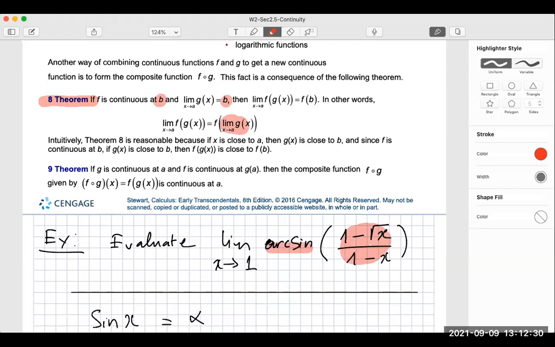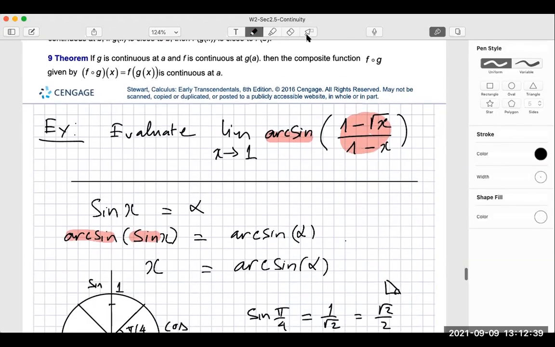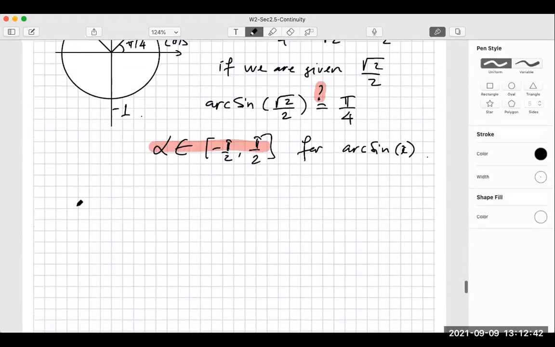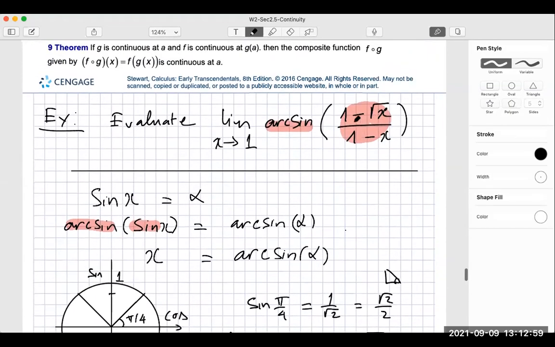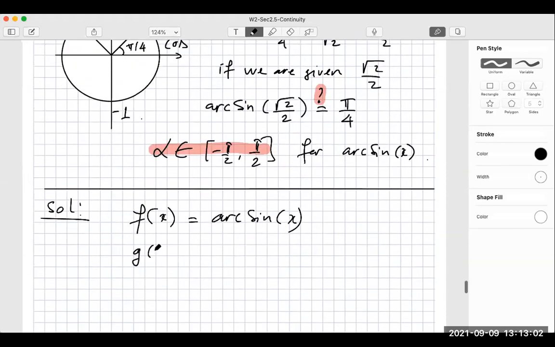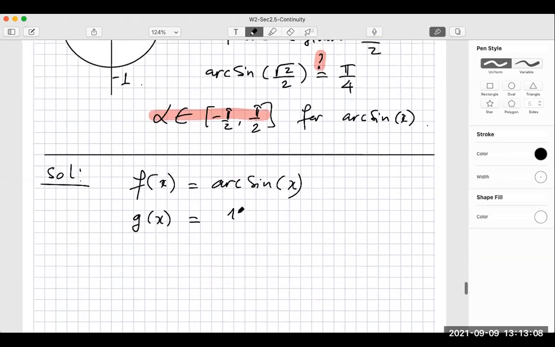In this specific example, what is f and what is g? Very good, thank you. In our case here, let us call f of x the arcsine function of x, right? And what is g of x? Yes, g of x is given as this term, 1 minus square root of x divided by 1 minus x.